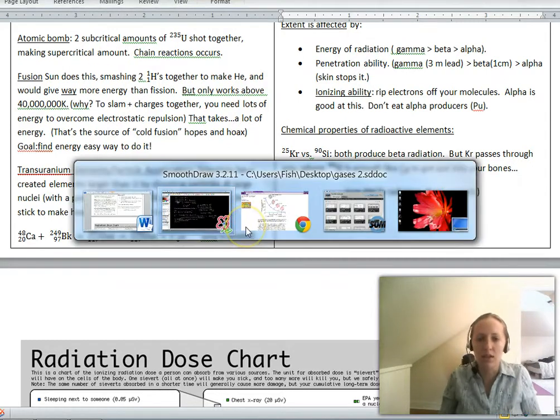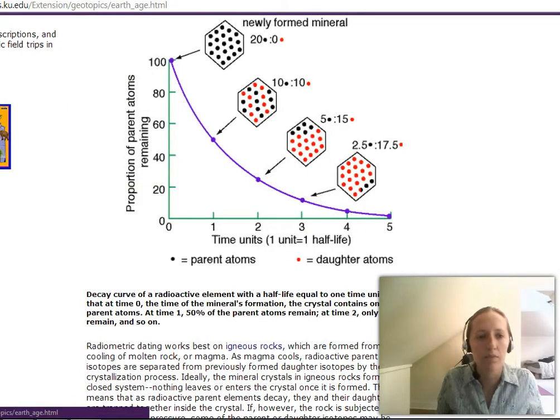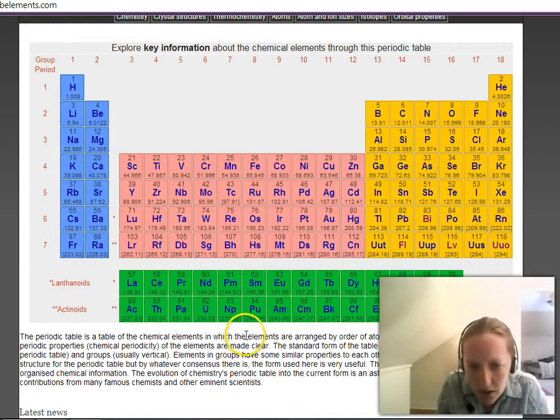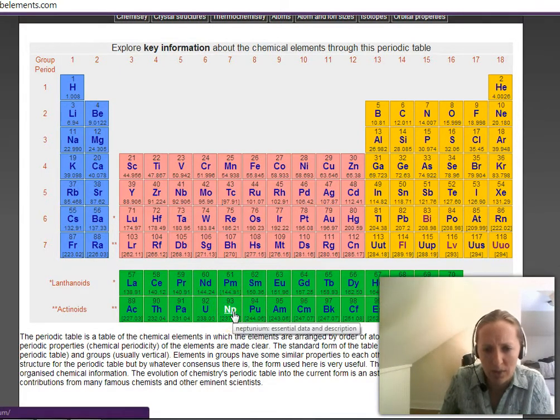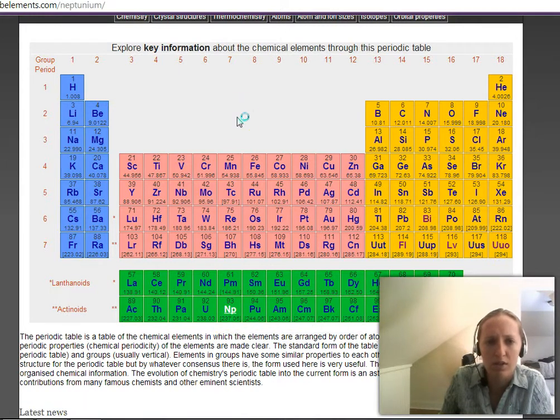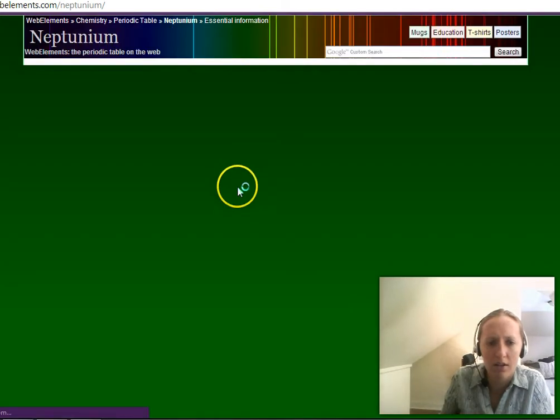And all of the elements past uranium, I think, have been done this way. I think neptunium is man-made. Come on, internets.